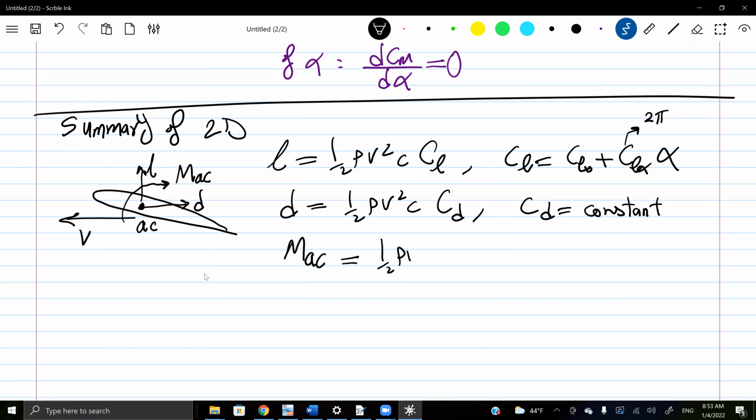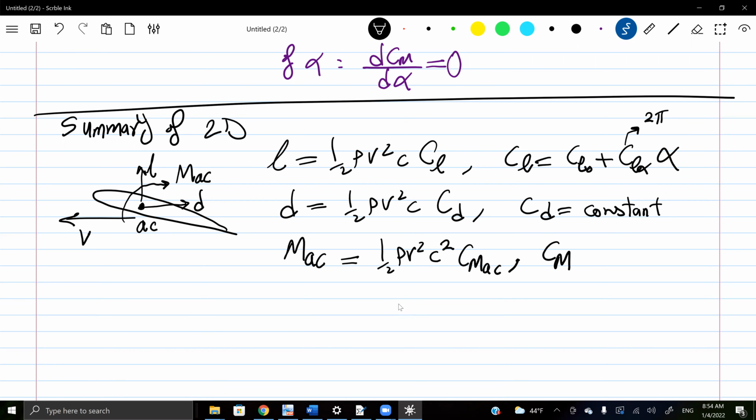What about the moment at the aerodynamic center? It's 1/2 rho V squared times chord, another chord, because it's a moment. If one chord is needed to normalize a force, I need one more length to normalize a moment. So the reference length is the chord. And there is a moment coefficient at the aerodynamic center.